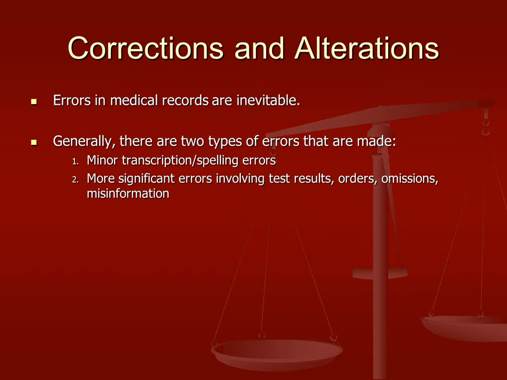But then there are more significant errors involving test results or orders or omissions or misinformation that has been put into the record. And normally, rule of thumb, and I'll say it's most everywhere I've ever worked, if you had a discharge summary and the medical record number was transcribed wrong, maybe the transcription transposed a number, you just draw a line through it and put the right medical record number.